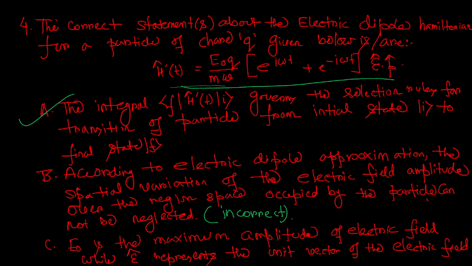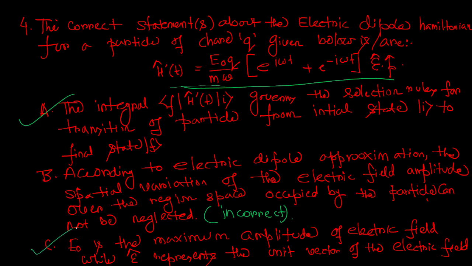Next, E0 is the maxima of the amplitude. You can see that e to the i omega t plus e to the minus i omega t gives you the cos function. The cos function oscillates between -1 and +1, so the maximum happens when it is 1, and the maximum value will be E0. E cap represents a unit vector. For a vector quantity there is a unit vector.